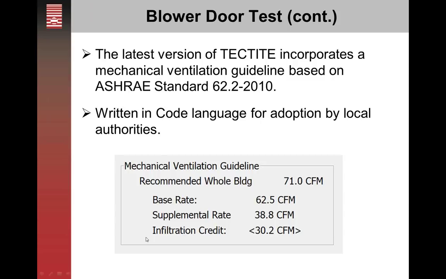So you can see in this what the recommended whole building ventilation should be, what the base rate is, there's a supplemental rate, and then you get an infiltration credit for how leaky the house is. So we have the 62 plus the 38 minus 30 brings us back down to the 71 CFM value.